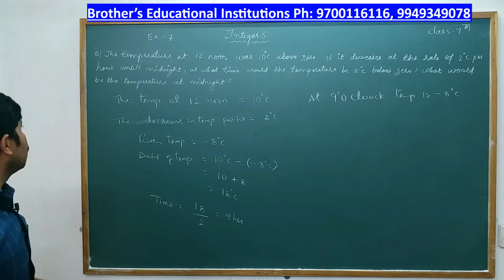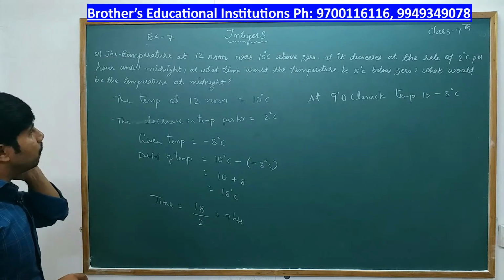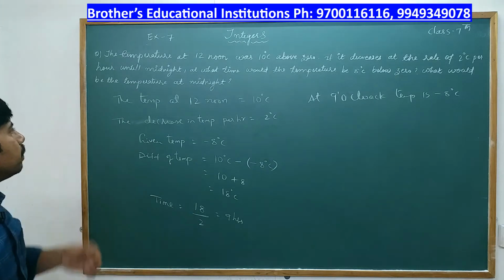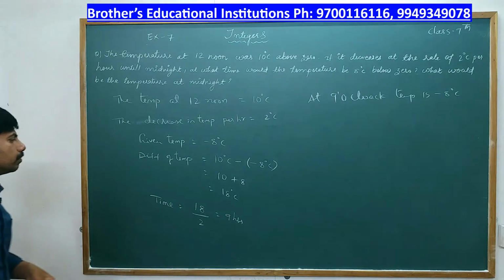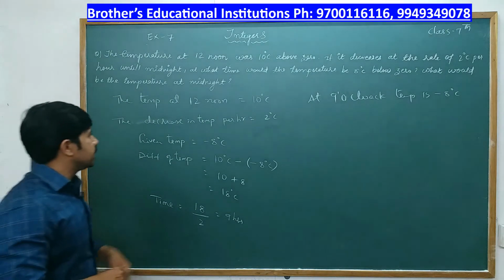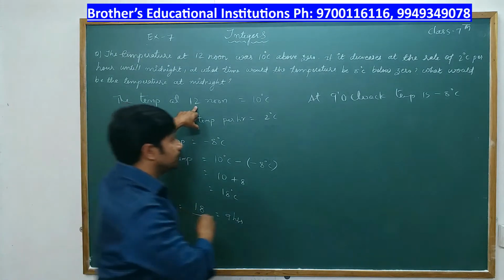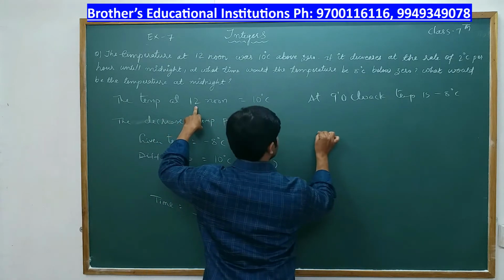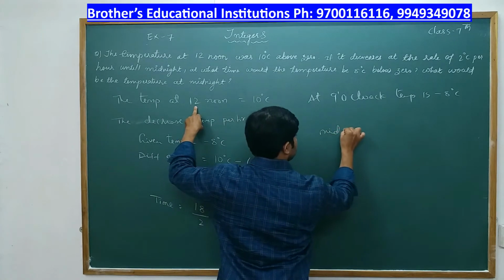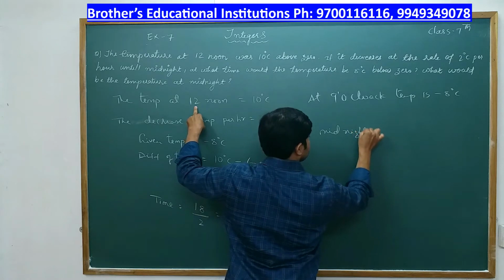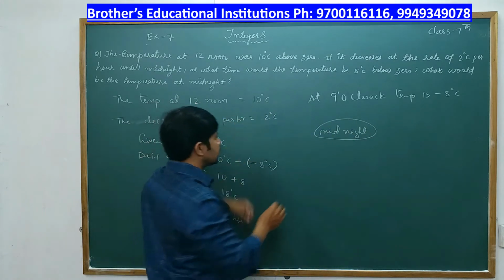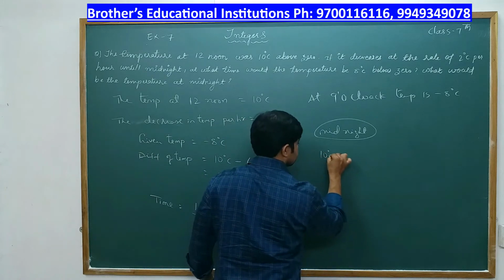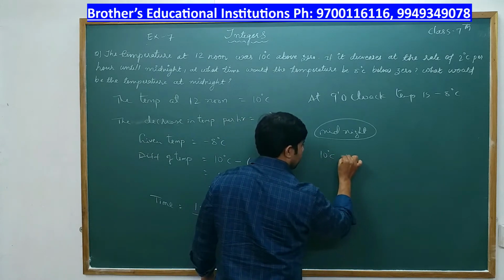Now, what would be the temperature at midnight? Midnight means 12 o'clock. So at present, at 12 noon it is 10 degrees Celsius. Now we are finding the second one, at midnight. You write 10 degrees Celsius plus.